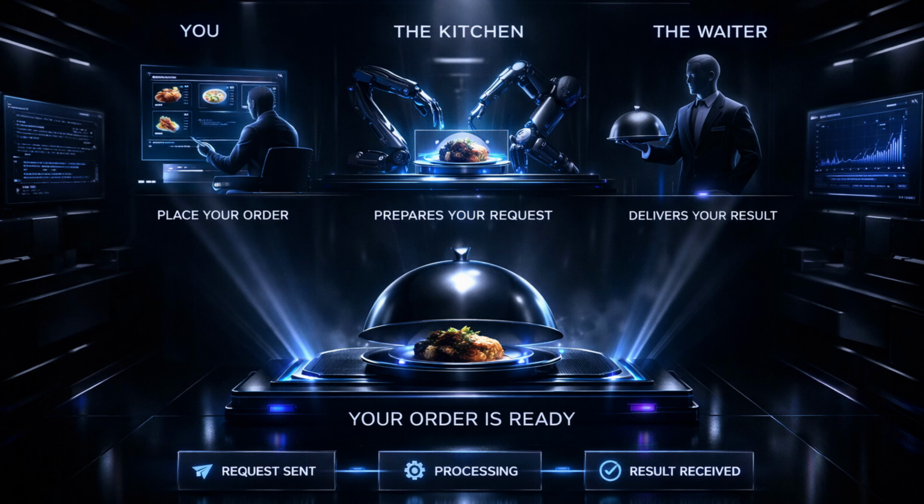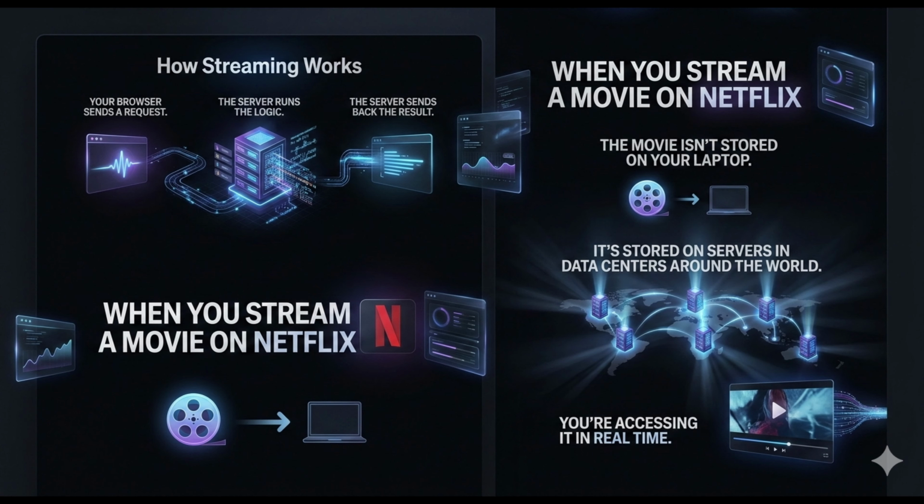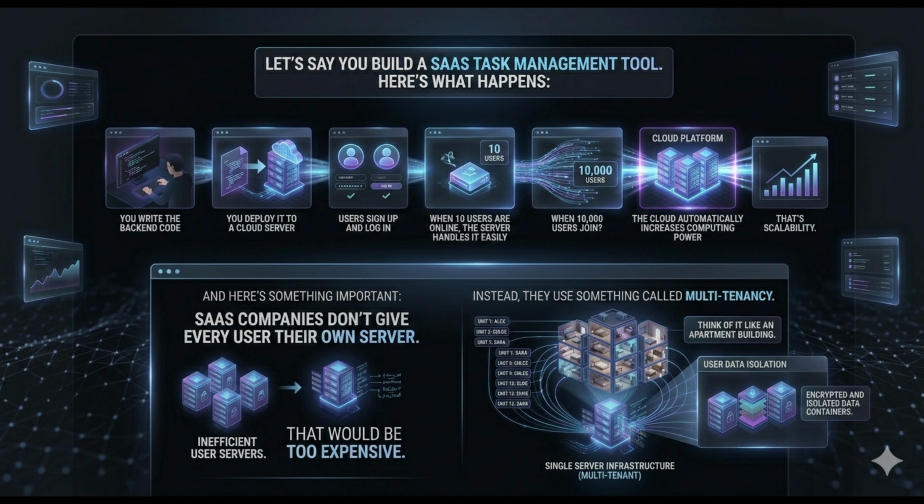We need a cloud server. Okay, the cloud server automatically increases computing power. That's scalability. If there are 10 users, a small server is enough, but day by day users will increase, right? Like how viewers are increasing on our YouTube videos, same like that.